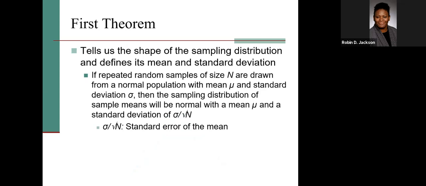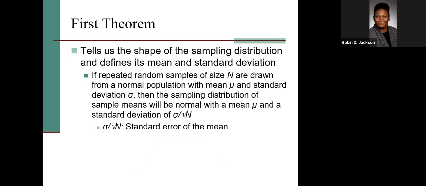All right, so this is actually the first theorem of the 2 theorems that I was talking about. So the sampling distribution is based on 2 theorems, and that's part of what helps make the sampling distribution approximately normal. So the first theorem, this is what you see here on the screen.